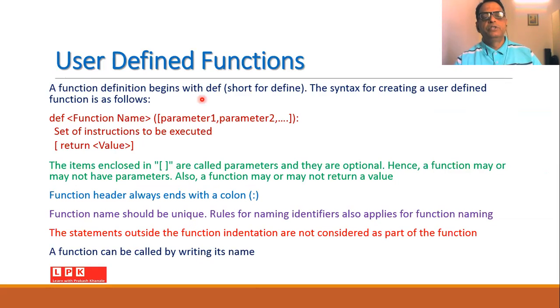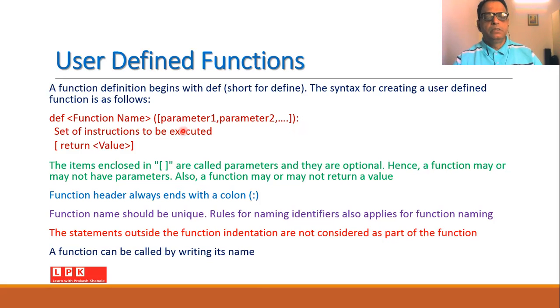A function definition has to be written, and it begins with the keyword def. The syntax for creating a user-defined function is like this. First you write the keyword def, then the function name, then the parameter list, parameter 1, parameter 2, parameter 3, in brackets, then a colon, and then you write a set of instructions that is called the block of the function.